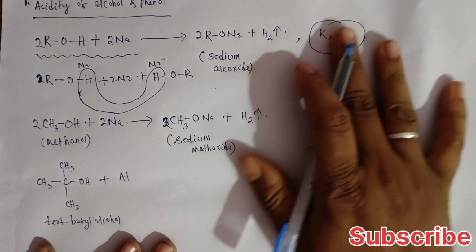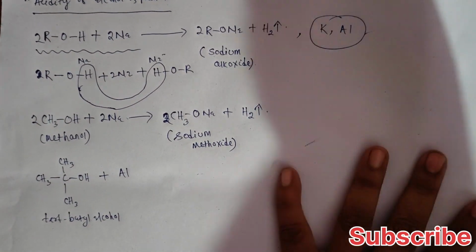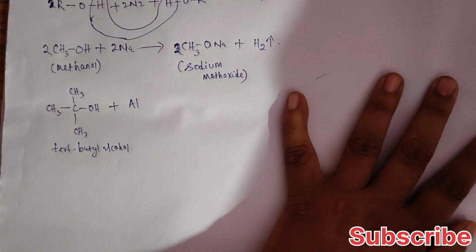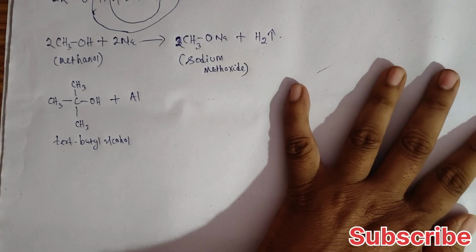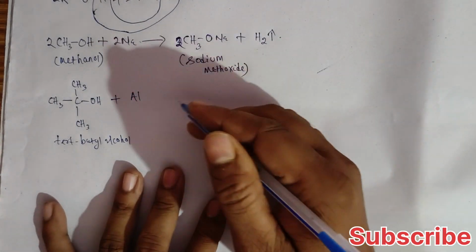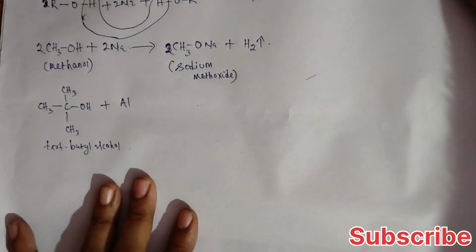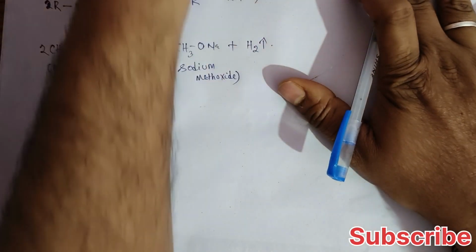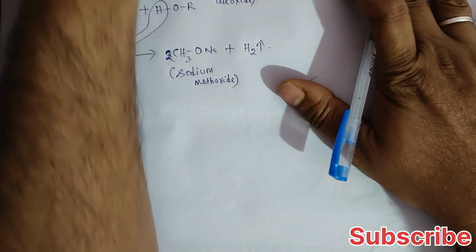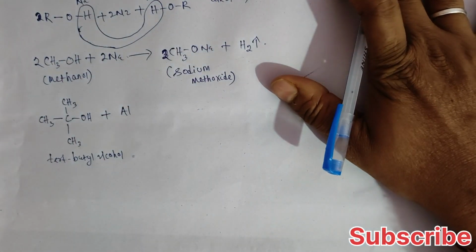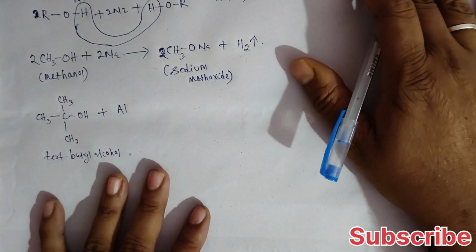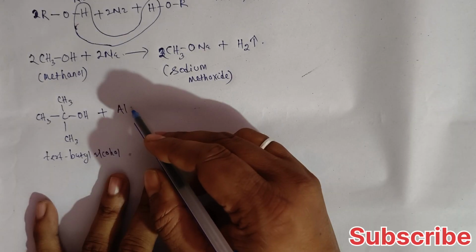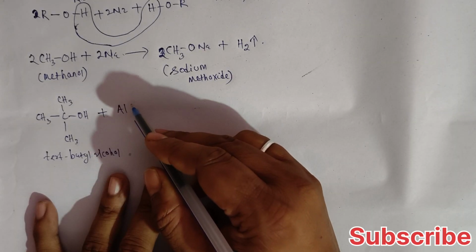But here we have to clearly understand the formula of aluminium. The formula of aluminium is Al, but when aluminium breaks, it can form Al3+ ions.